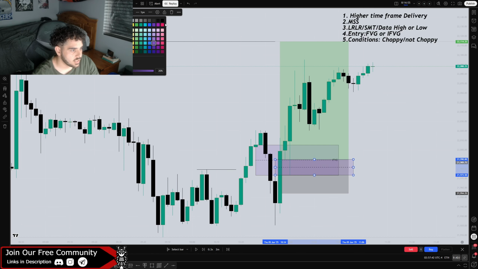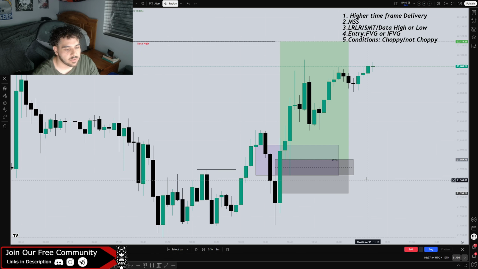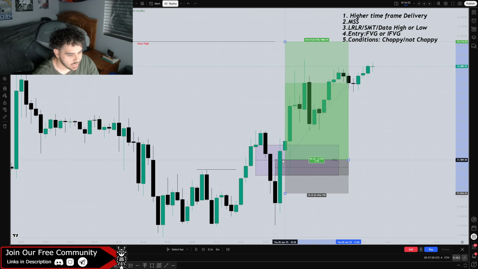What happens sometimes though is the inversion, you can be a lot more flexible with it. Whereas with the fair value gap, you're going to re-enter on that fair value gap. It's not like you're going to enter all the way up here because we created a fair value gap. That's not typical. So most of the time, there's a trade-off.